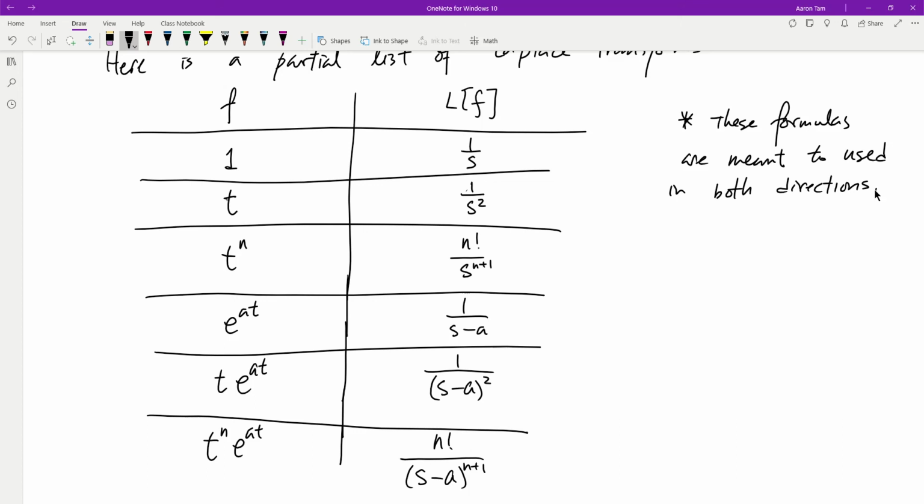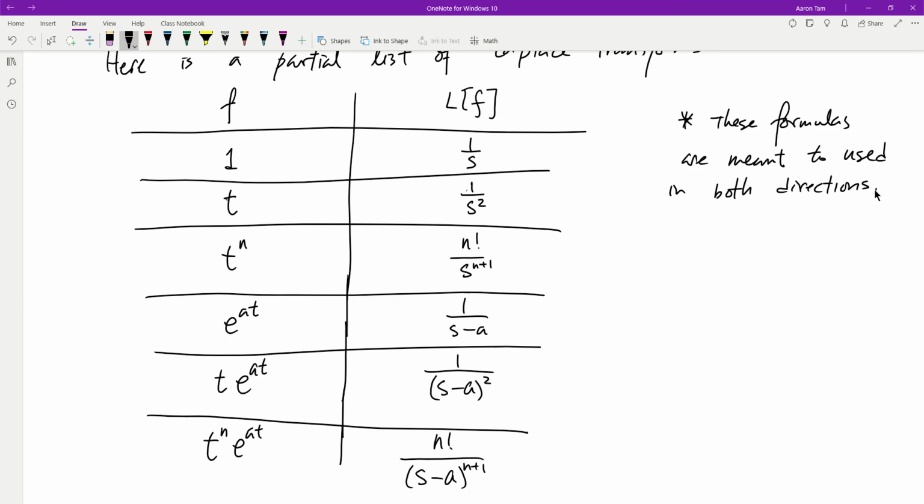What do I mean by that? You first use this table from f to L of f when you're rewriting the differential equation into Laplace transform. And then once you completely isolate the Laplace transform of y at the end, you would use this formula backward to form the solution.